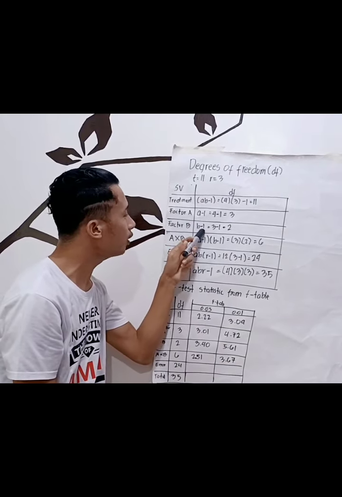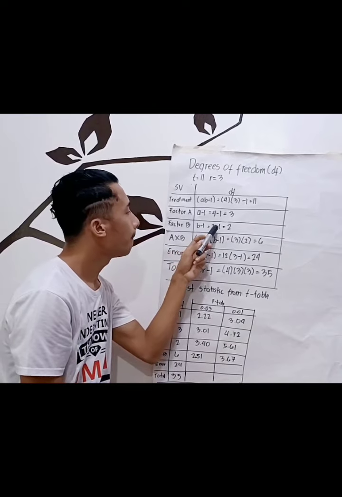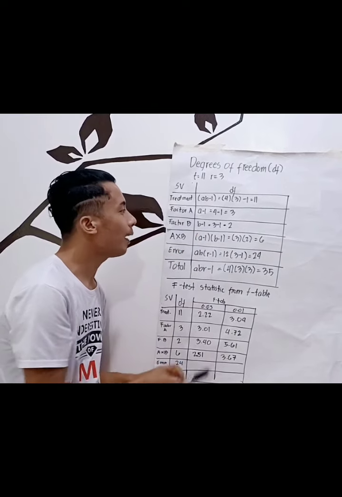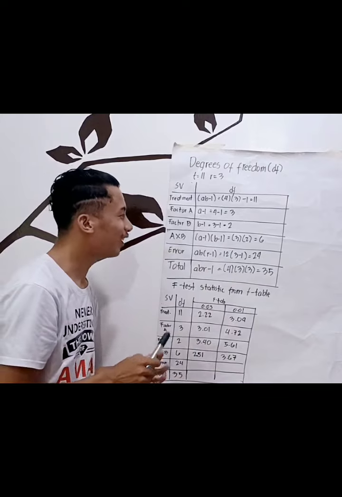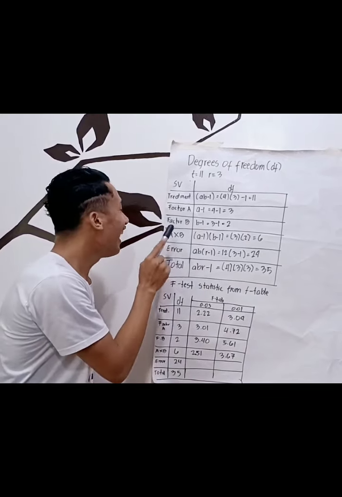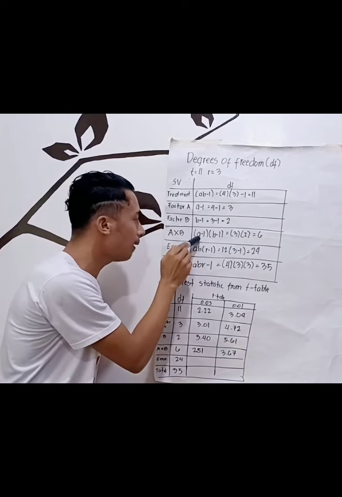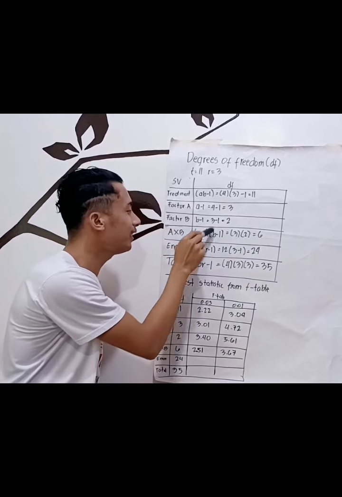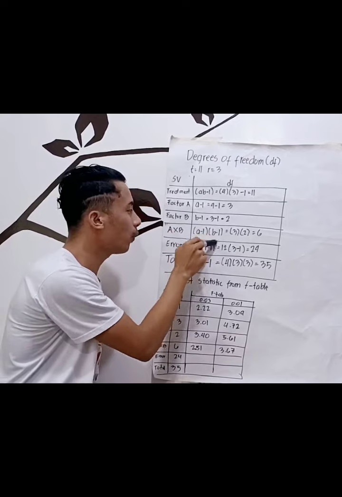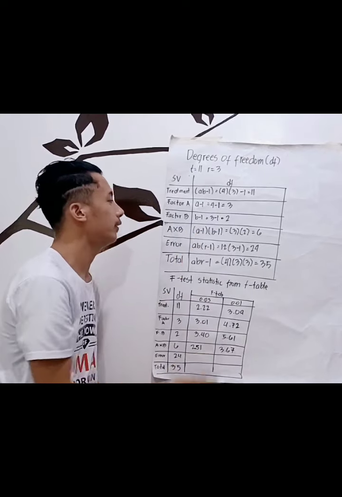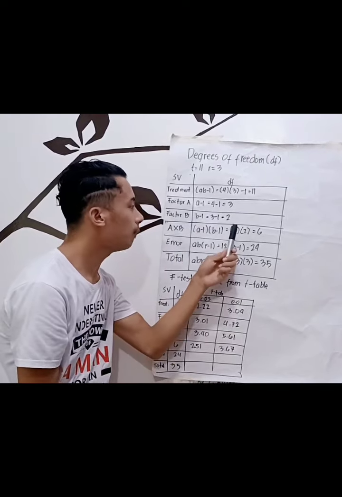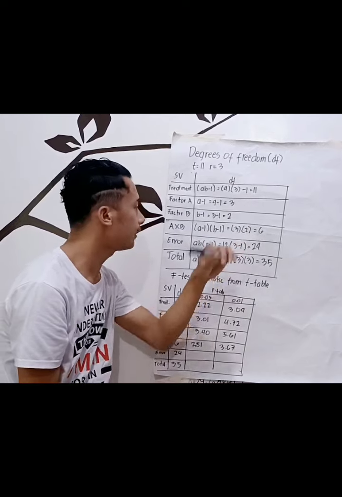Factor B minus 1 equals 3 minus 1 equals 2. For A times B, (A minus 1)(B minus 1) equals 3 times 2 equals 6.